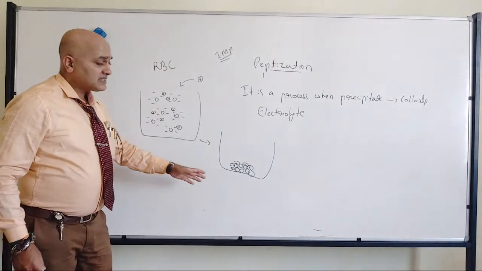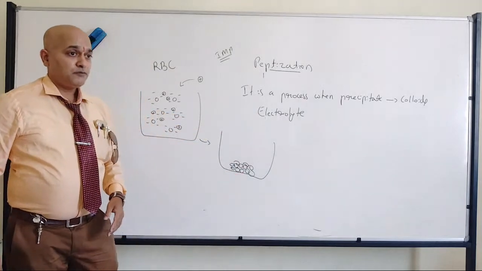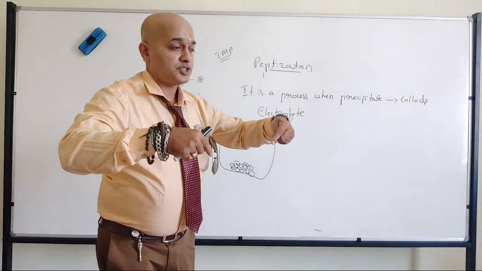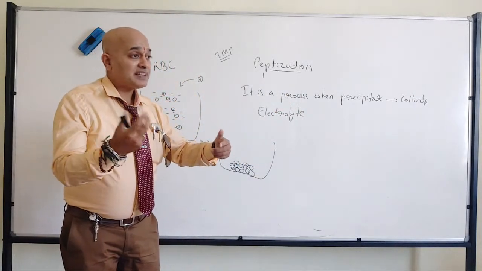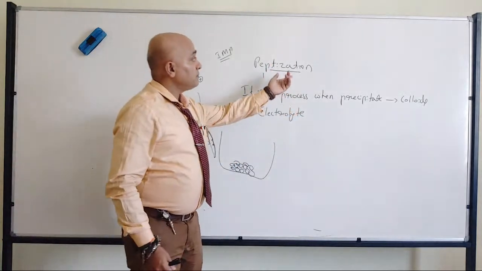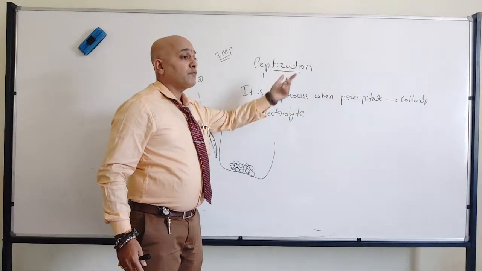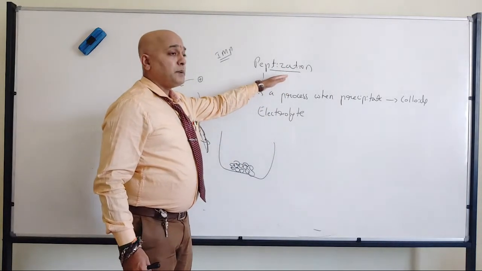Now, exactly the same thing. When I am adding electrolyte to this, once again they will gain the charge. And if you mix it properly, now they will start getting dispersed. That is the basic principle of peptization.